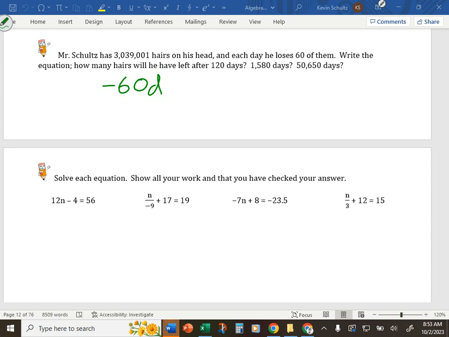That 3,039,001 is decreasing. So at this point, you can either write 3,039,001 first, because that's what I start with, and then I lose 60 hairs each day, or you could take negative 60D plus 3,039,001. Either way is fine. You'll get the same answer.